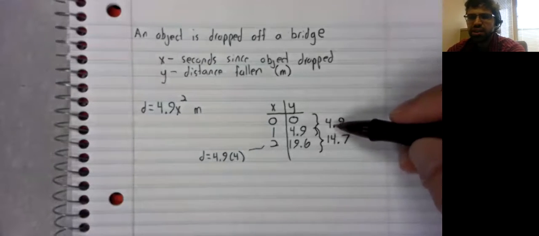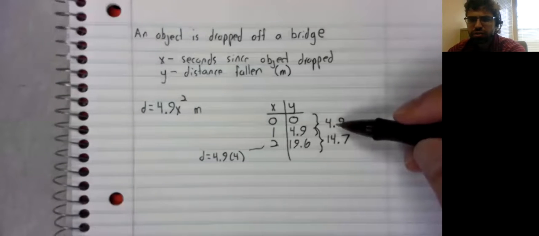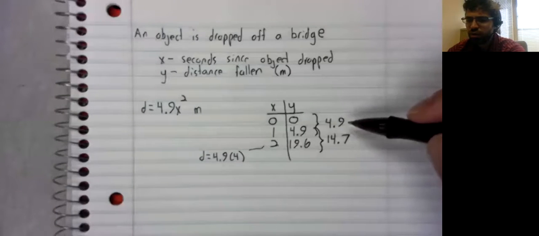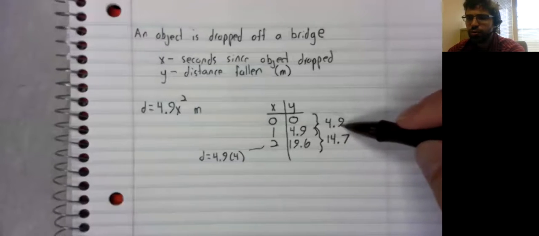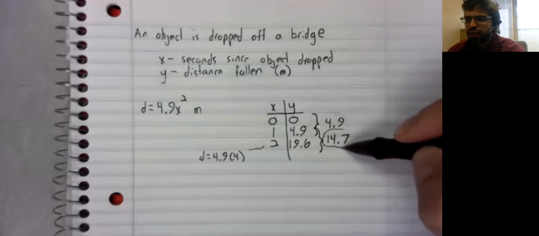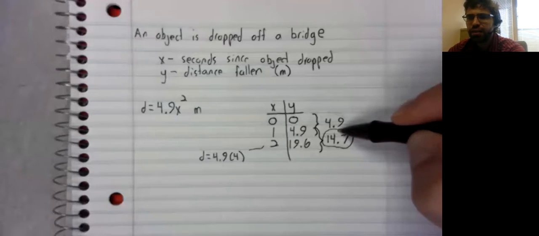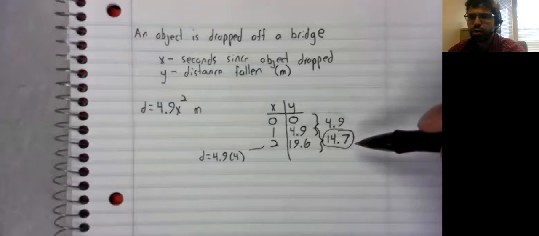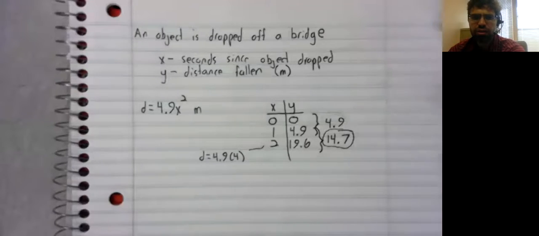So you see, we don't have a constant rate of change here. Over 1 second, the object's distance increased by 4.9 meters. After another second, it increased by a different amount, 14.7 meters.